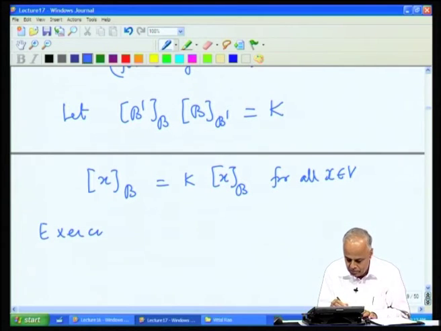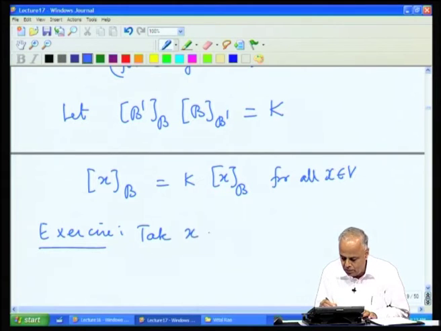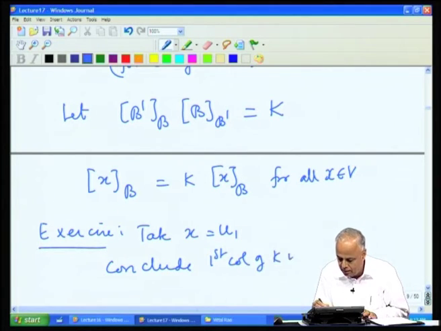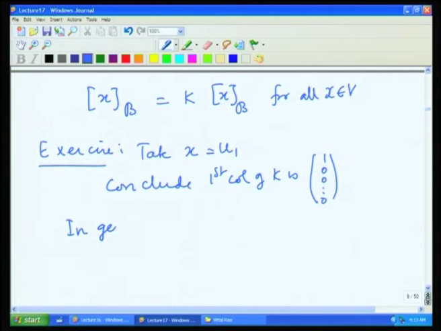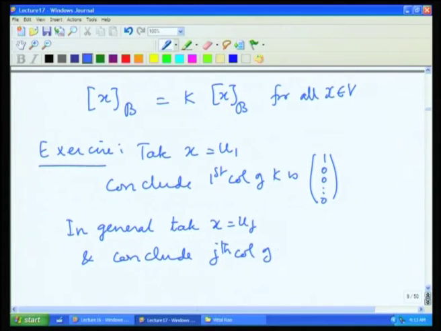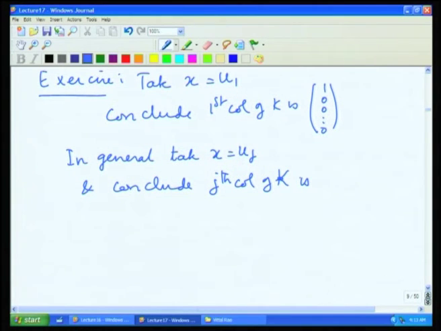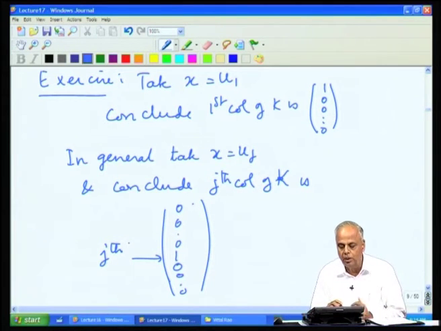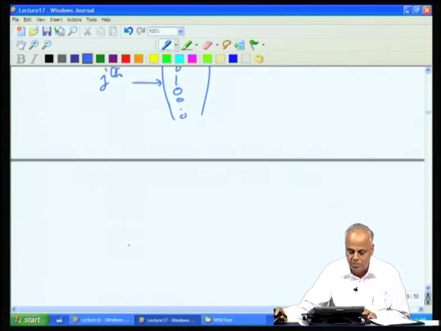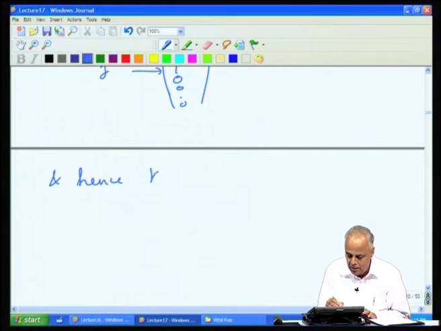So, exercise: take x equal to u1, conclude the first column of K is 1 0 0 0 0, and in general take x equal to uj and conclude the jth column of K is the column 0 0 and so on, until you come to the jth stage, where the jth entry is 1 and all others are 0. This simply means the columns of K are the same as the columns of the identity matrix, and hence K equal to I_n.